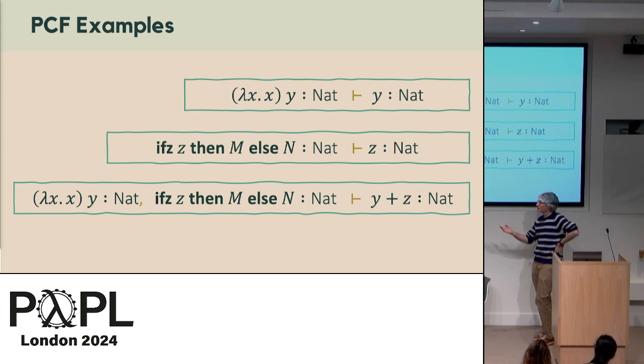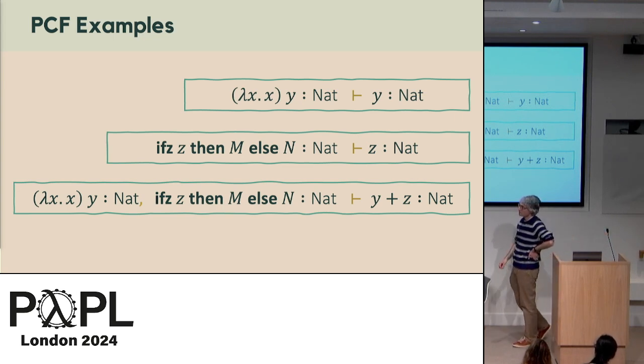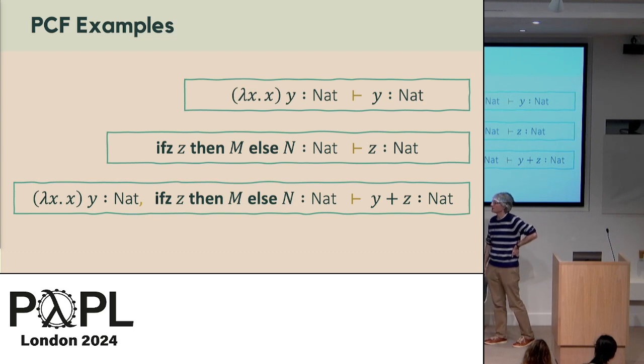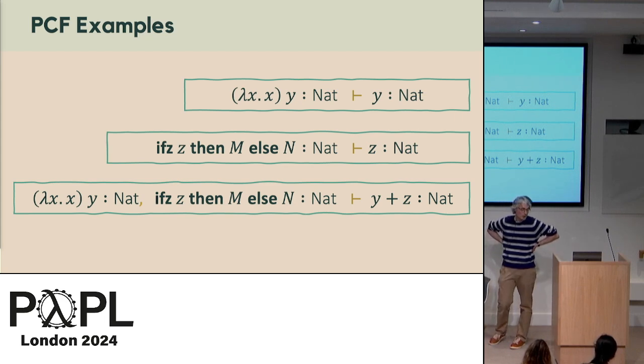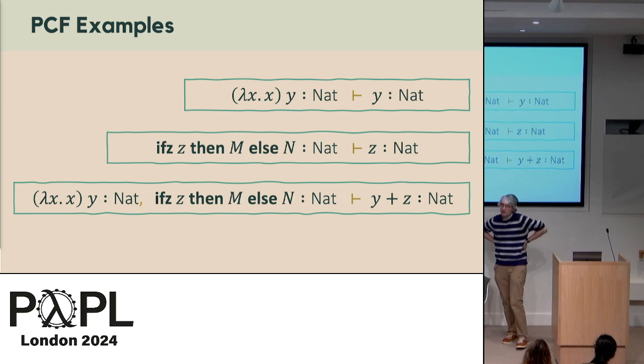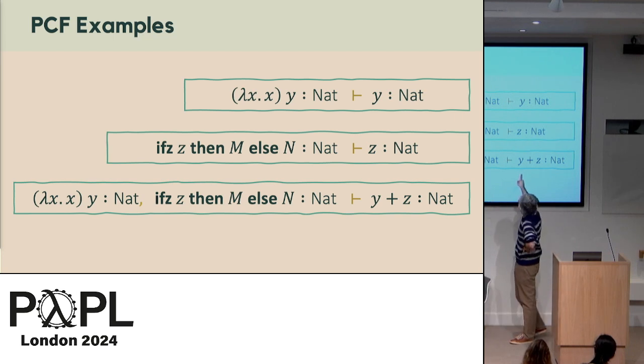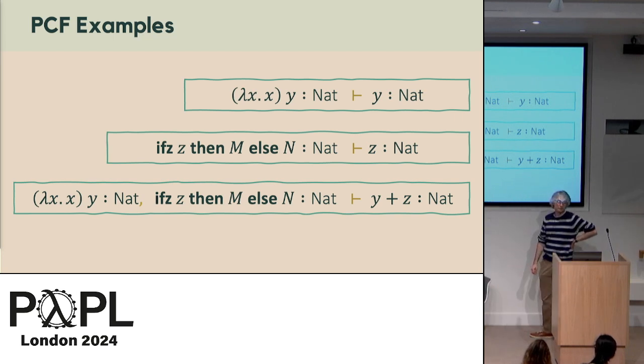If we assume that this PCF conditional, the if-zero conditional, has the type Nat, if it evaluates to a natural number, then it follows that z, the guard, must have been a Nat. But of course, we don't lose anything. We still have compound terms on the right-hand side. So from this formula, we can deduce that y is a Nat, and from this formula, we can deduce that z is a Nat, and therefore it follows that y plus z is a Nat.